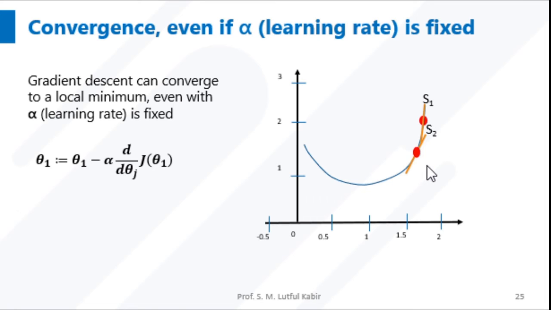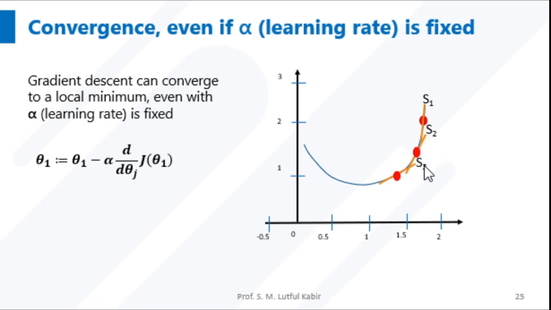But if I progress, the next point could be this point, and then you can see the slope here is less than the previous one. That means if you keep alpha fixed, the term that is being subtracted from theta 1 in this case will actually be reduced because the slope has reduced. Similarly, if I proceed further, the slope has decreased a little bit more.